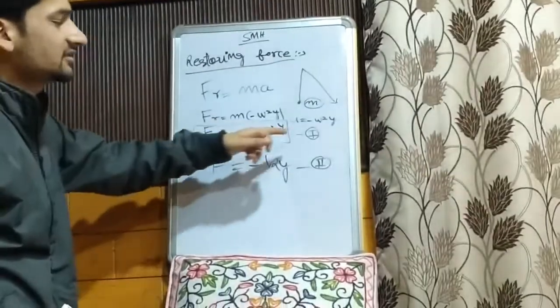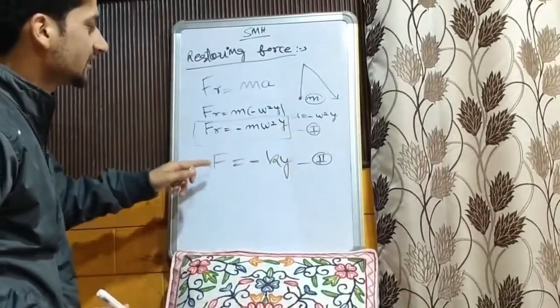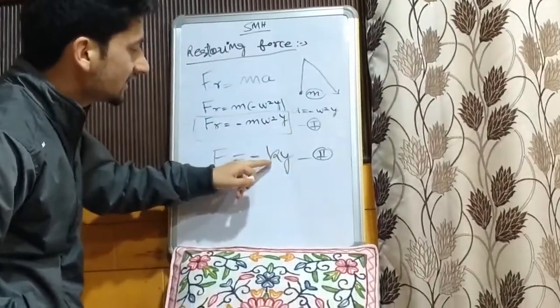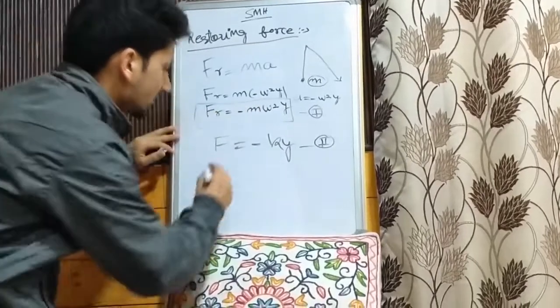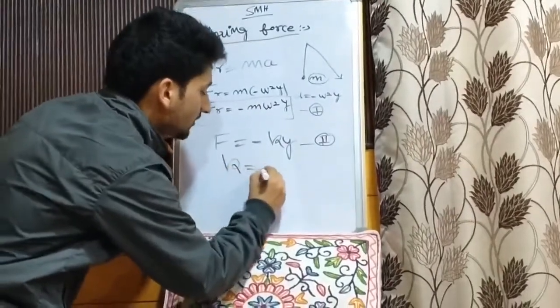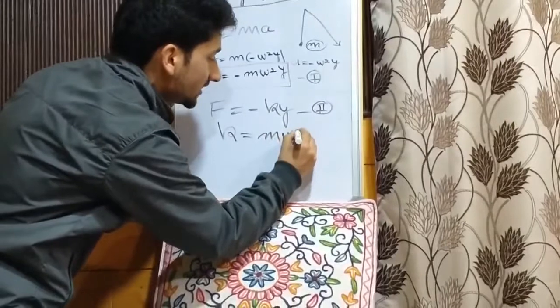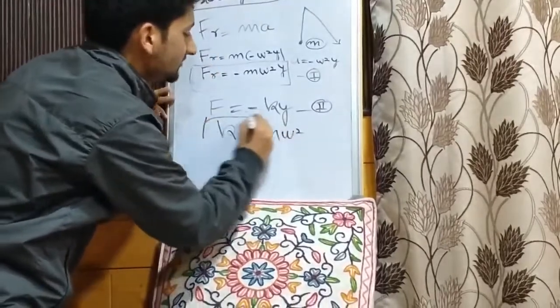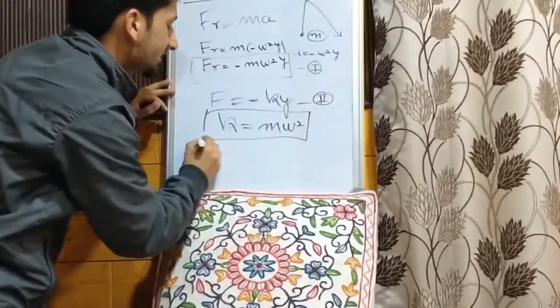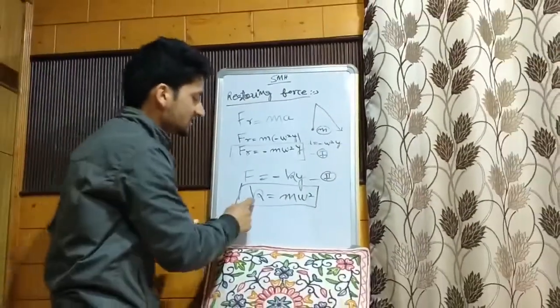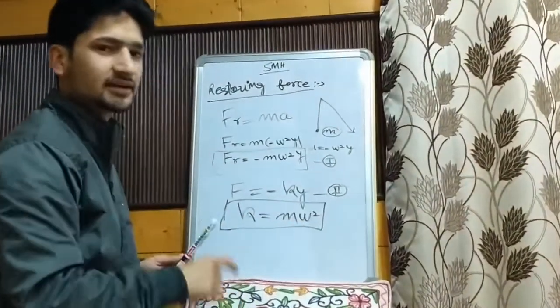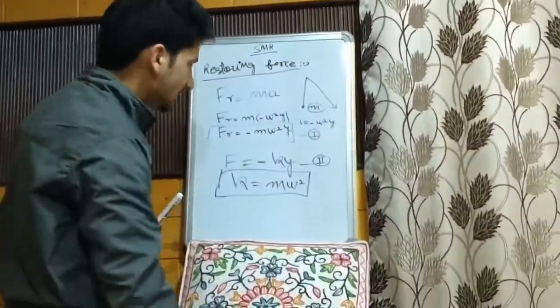If we compare equation first and equation second, then we will find that k is equal to m times omega square, and this is one of the important results that came out of this restoring force.